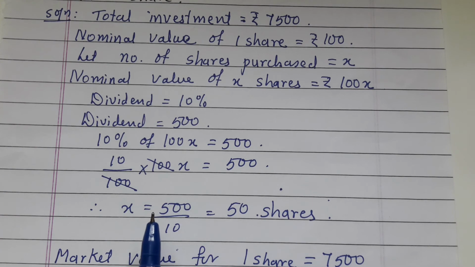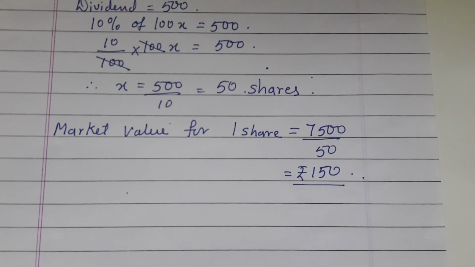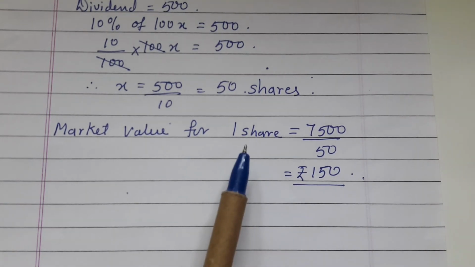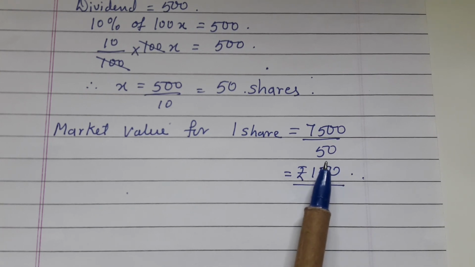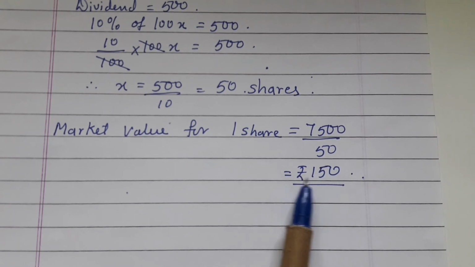Therefore, X is equal to 500 upon 10, equal to 50 shares. Market value of one share is equal to amount invested 7500 upon number of shares 50, that is equal to rupees 150.